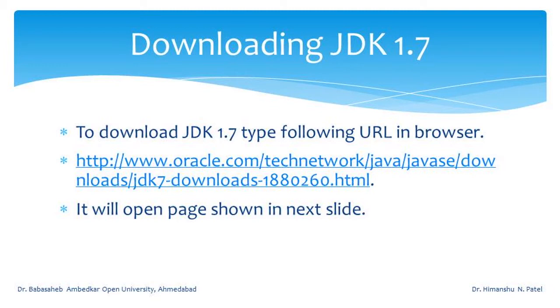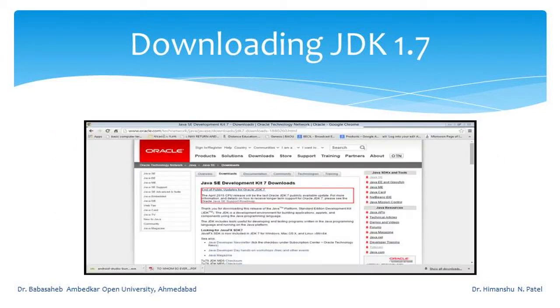In the screen you can see this URL. You can type this URL in your browser, and when you press OK or the go button, it will open the page for downloading JDK 1.7 that we show in the next slide. So, this is the home page for downloading JDK.